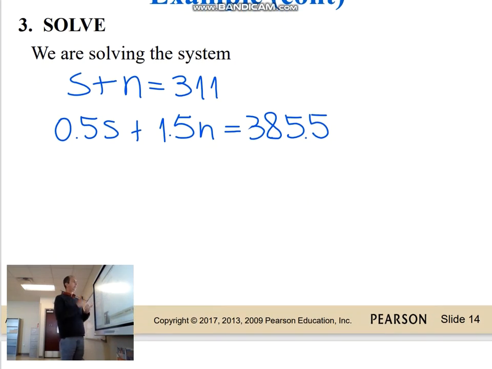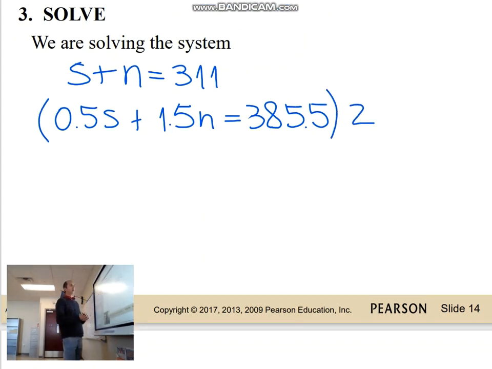We can apply addition methods, substitution methods, even graphing, but let's think here. Maybe we could use elimination. We can multiply the second equation by 2, and we can multiply the first equation by -1.